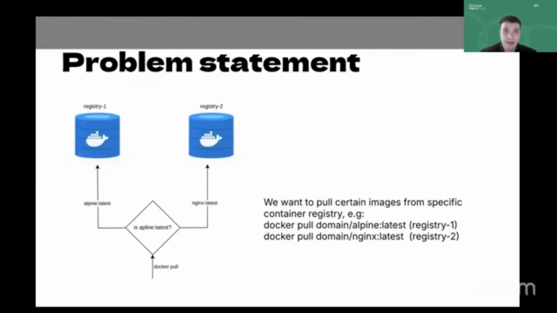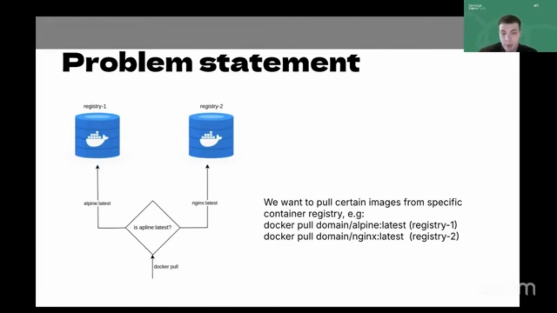As a great example of these topics, we will use a problem that sounds like this. We have two registries, registry 1 and registry 2, and we want to pull certain images from one container registry and other images from the other container registry.